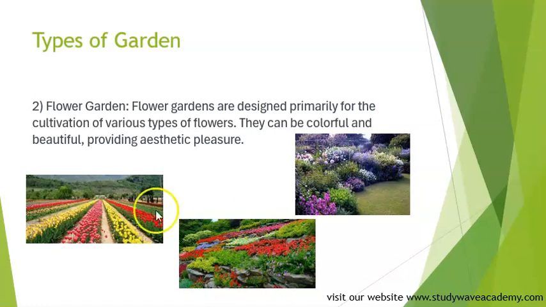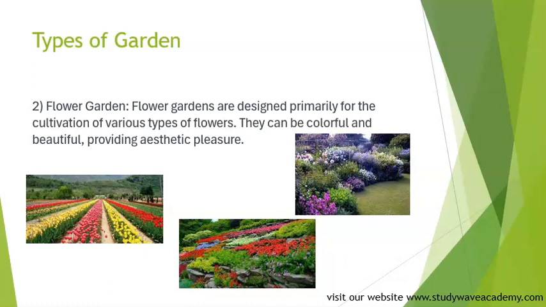They are colorful, right? They are so beautiful. It provides us with appreciating beauty. It gives us pleasure. When we see beautiful things, we love them, right? Yes. We see colorful things and they are beautiful. They give us pleasure. So we have the flower garden. It's primarily for taking care of different flowers.